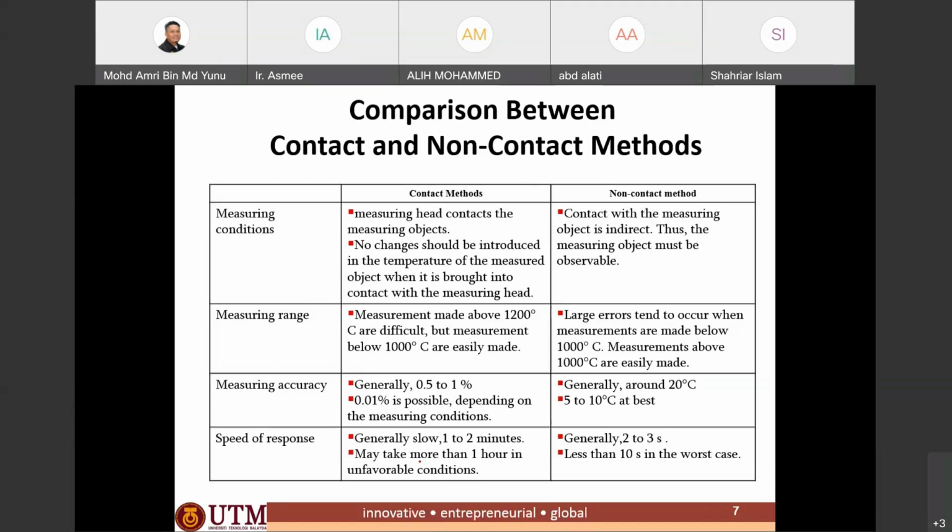So non-contact method we usually use to measure very hot objects, so the measurement may be taken at a significant distance. That is the comparison between the contact and non-contact method.